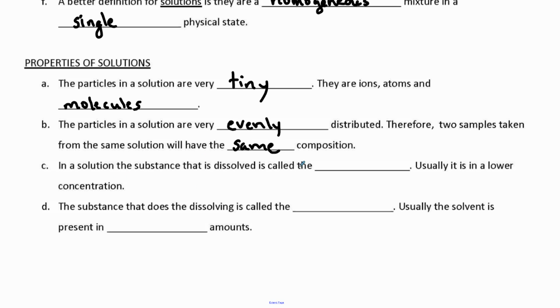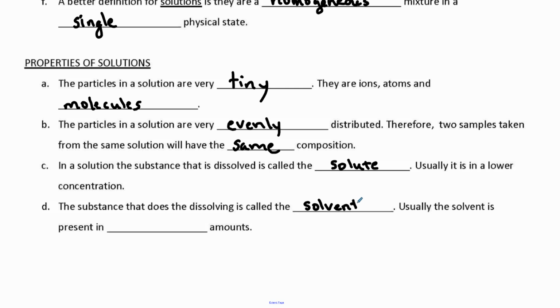Some terminology that we'll use throughout the unit is, in a solution, the substance that is dissolved is called the solute. So if we're talking about salt water, salt is the solute. It is what gets dissolved. Typically, it's in a lower concentration or a lower amount than the solvent. So the substance that does the dissolving is called the solvent.